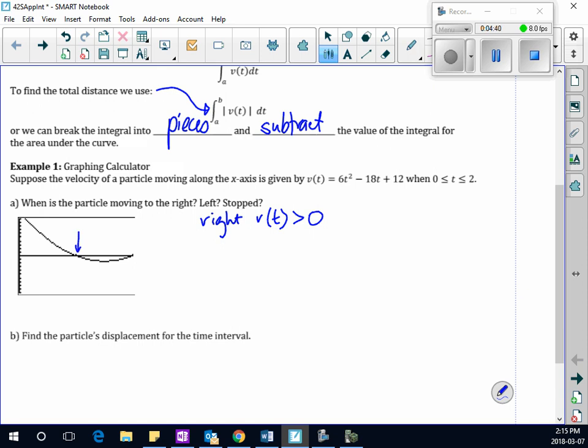It is actually 1. Don't just assume that it's 1, but how could I figure it out on my calculator just to make sure? Yeah, calc zero, right? That tells you, because that's an x-intercept, right? So my domain would be from 0 to 1. Does everybody see that?